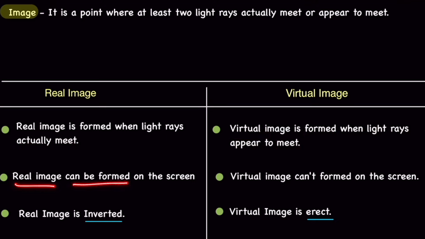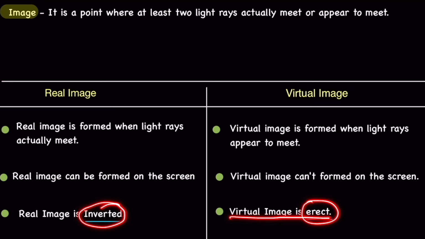A real image can be formed on the screen, like a candle. The candle image is formed on the screen, but a virtual image can't form on the screen. Like you see in the example of a plane mirror, where the image is not formed on the plane mirror, it is forming behind the plane mirror. A real image is inverted and a virtual image is erect. I will explain inverted and erect with an example.